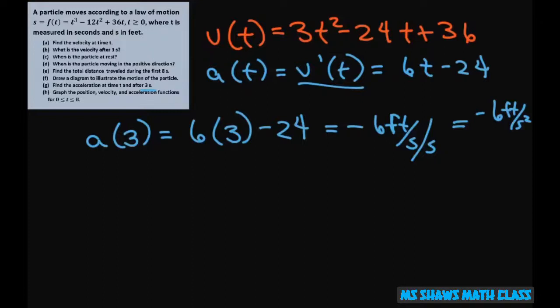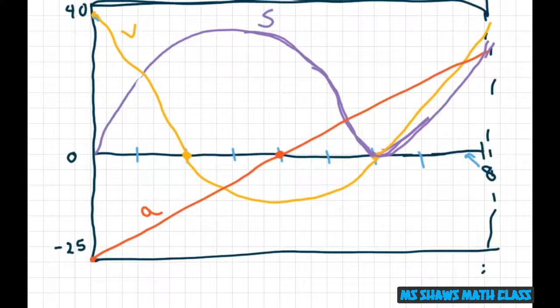Now the graph I just did in the calculator, and just remember the acceleration was linear. So when you're doing your graph, always look for your y-intercepts. So when I did my y-intercepts, I didn't look at this very close. This should have been, I'll just put this as negative 24. So the acceleration is your linear line here.